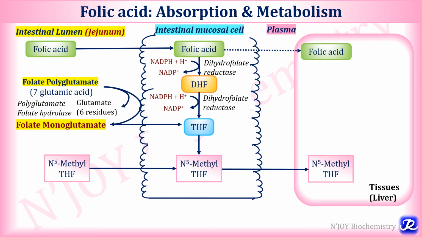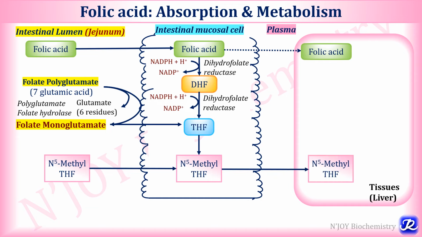For example, the methylation of norepinephrine to epinephrine, and this reaction occurs with the help of the enzyme methyl transferase. This S-adenosyl methionine is the active donor of methyl group. Further, this S-adenosyl homocysteine is converted to homocysteine by the enzyme adenosyl homocysteinase.